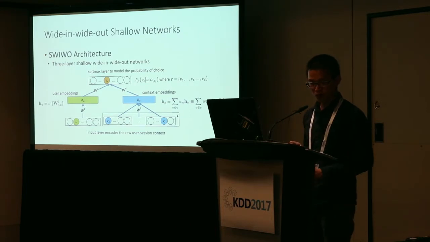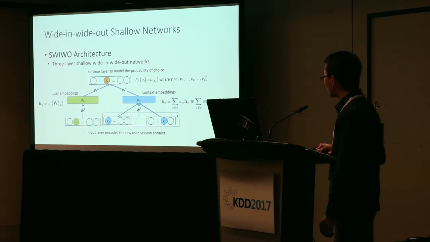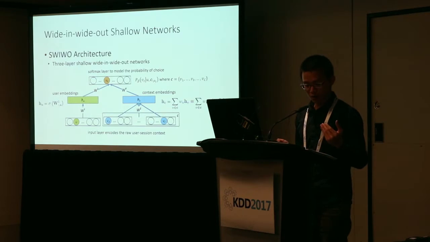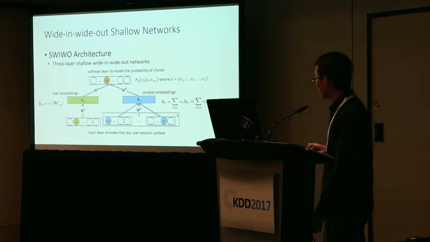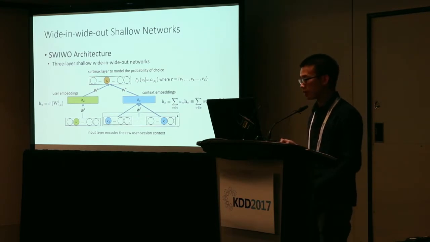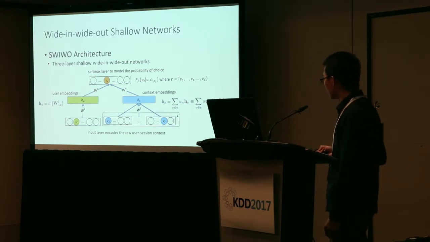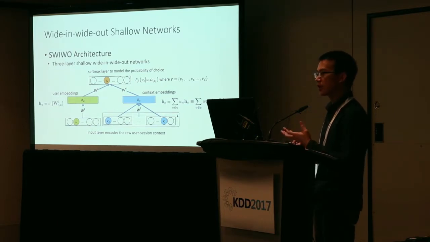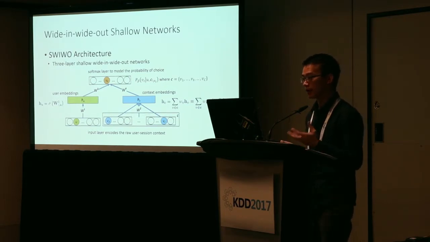To solve this, before doing the encoding, we first concatenate all the sessions together and then do the one-hot encoding, which means the one-hot item vector has a length equal to the total number of items in the whole dataset.